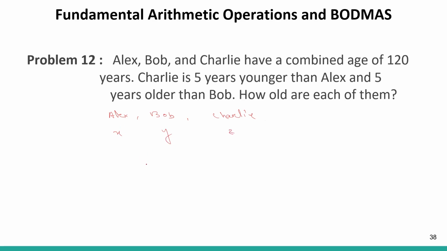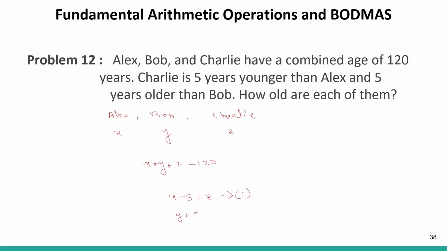So their combined x plus y plus z is equal to 120, and Charlie is 5 years younger than Alex. So x minus 5 is equal to z. First relation. Charlie is 5 years younger than Alex and 5 years older than Bob.